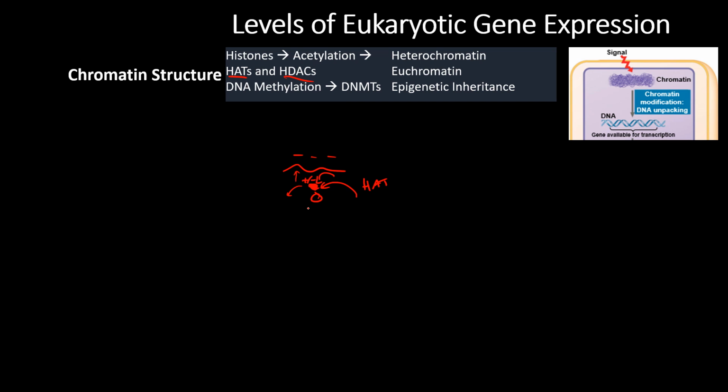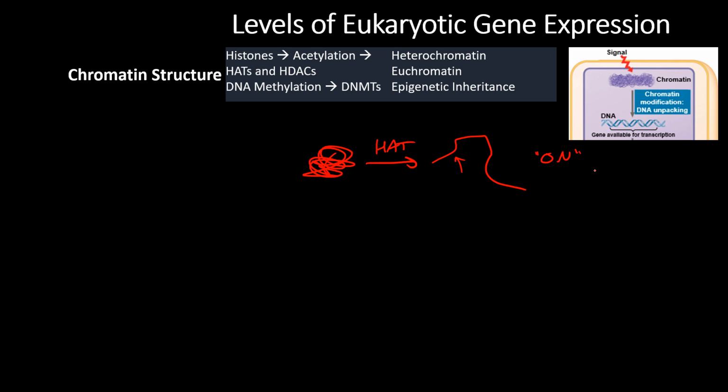It will fall off, opening up the chromatin. So the promoter is now accessible to transcription factors. The DNA is crumpled up, the HAT protein will open it up, and now we can activate promoters. So you would consider a HAT protein an activator that turns genes on. HAT equals an activator.